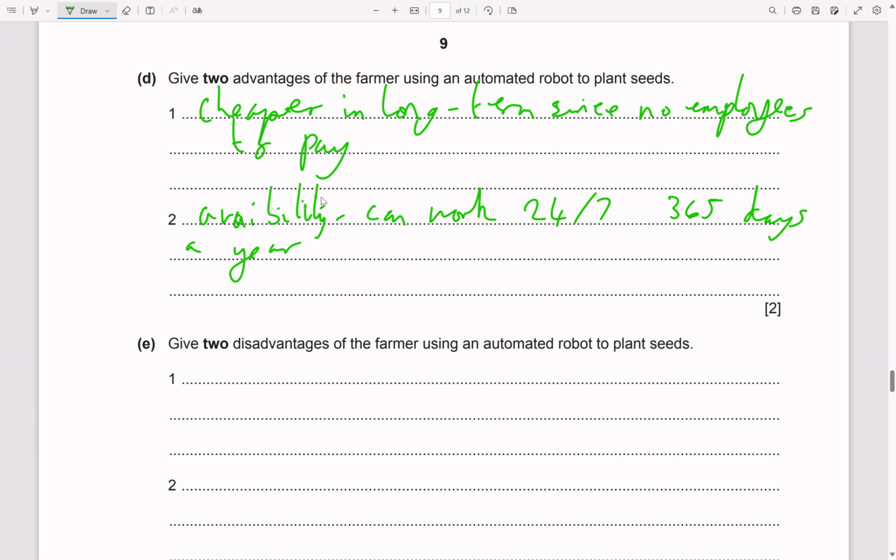For other ones, you could mention something like accuracy, or consistency, in that they're always going to do the same thing over and over. Whereas different farmers, different people, might be doing slightly different things, which could cause problems because on a farm you want the seeds planted the correct distance apart, the correct depth in the soil, all this kind of thing.